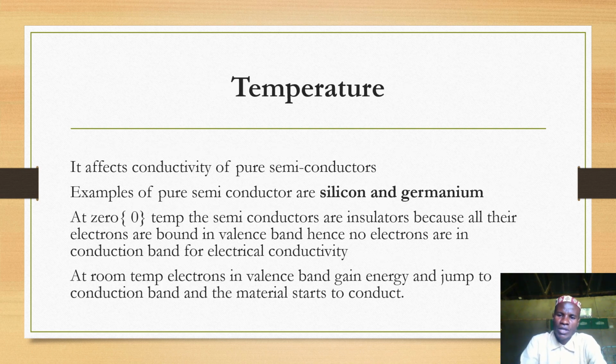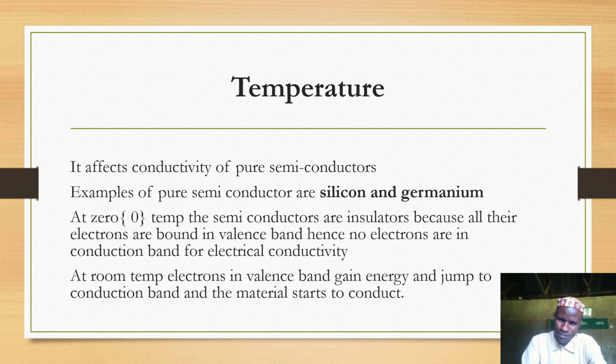We shall start by looking at how temperature affects the conductivity of semiconductors. It affects the conductivity of pure semiconductors only. Examples of pure semiconductors are silicon and germanium.